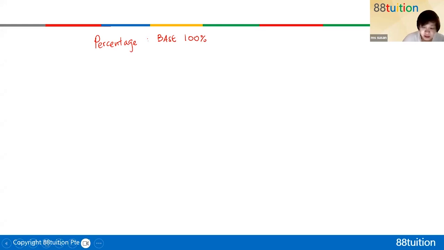100. Okay. So for example, if you want to convert, we call this conversion. We can convert a fraction into a percentage. And from a percentage, we can also express it as a decimal.